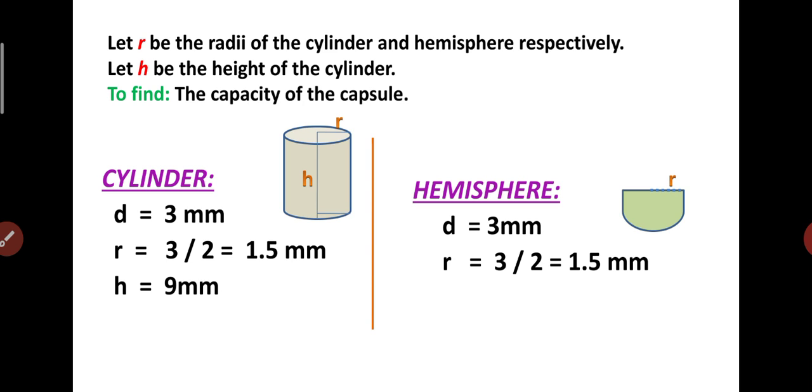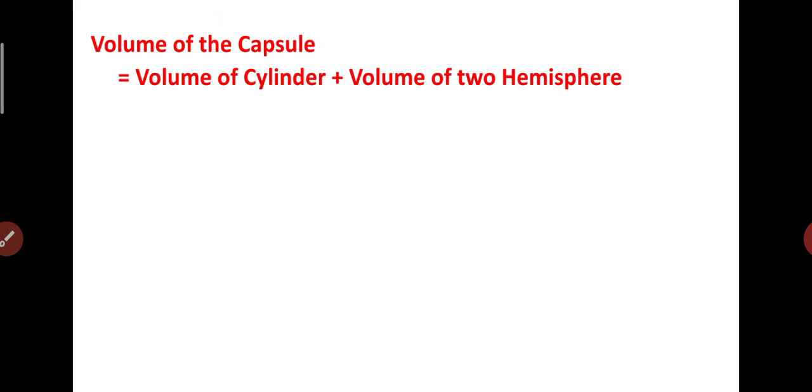Total length of the capsule is 12. If you subtract 3, then you will get the height of the cylinder. We want the height of the cylinder alone, so we subtract this height and this height, which are the heights of the hemispheres.